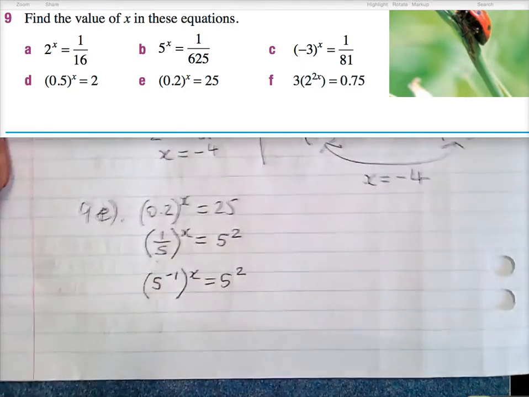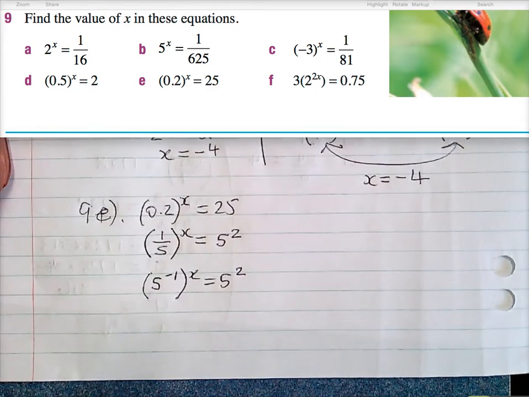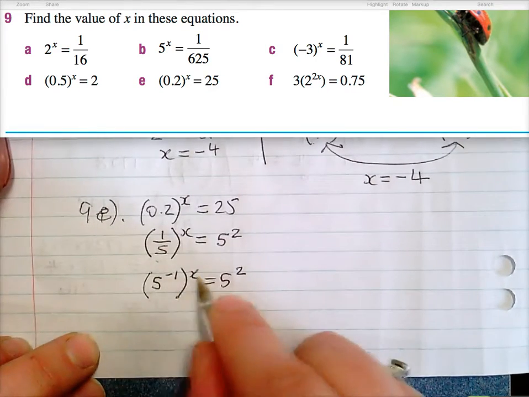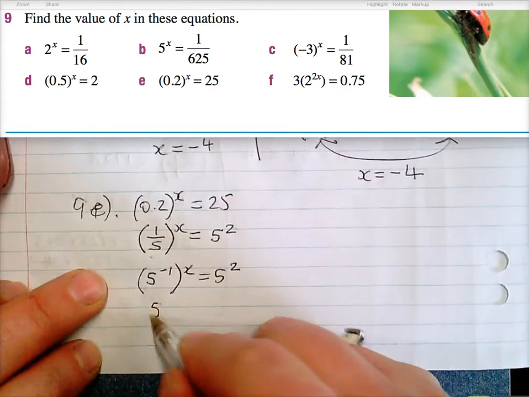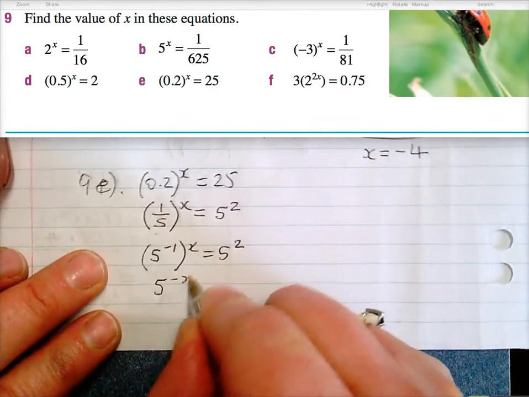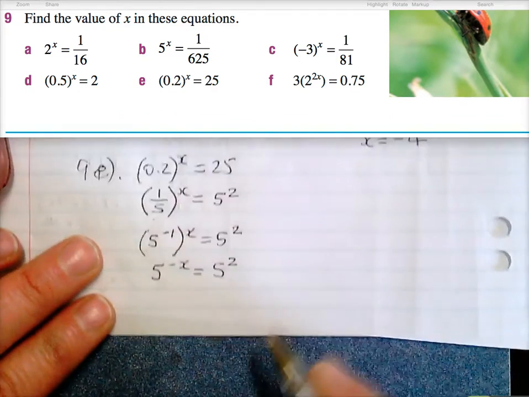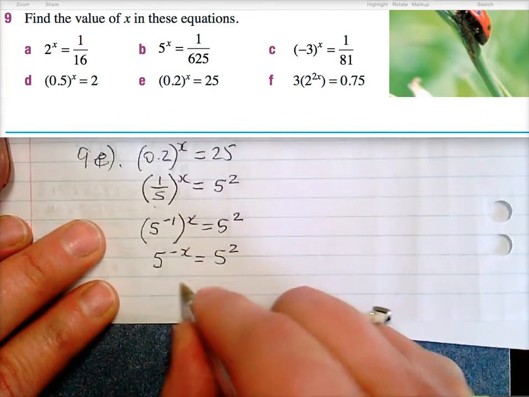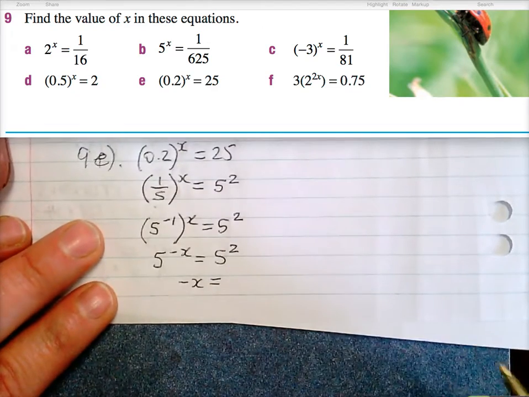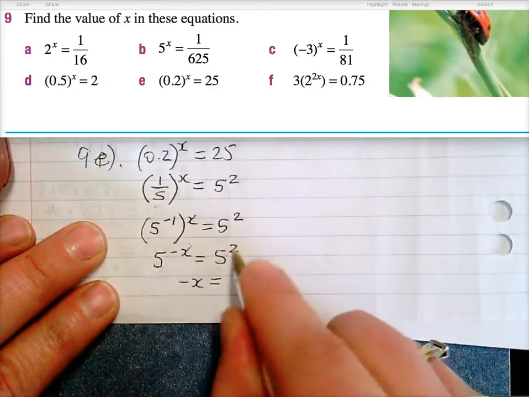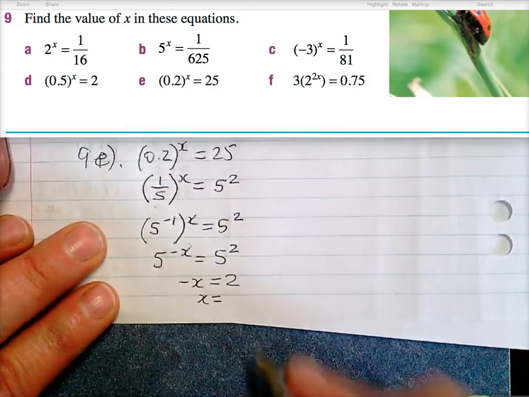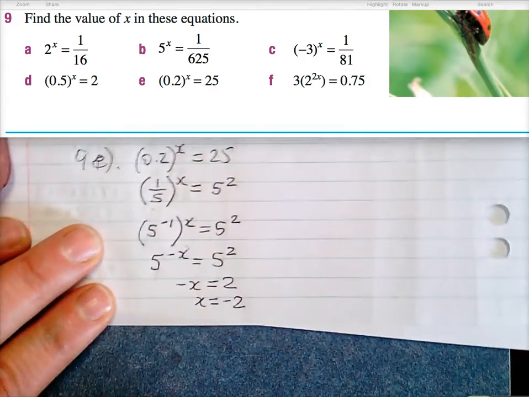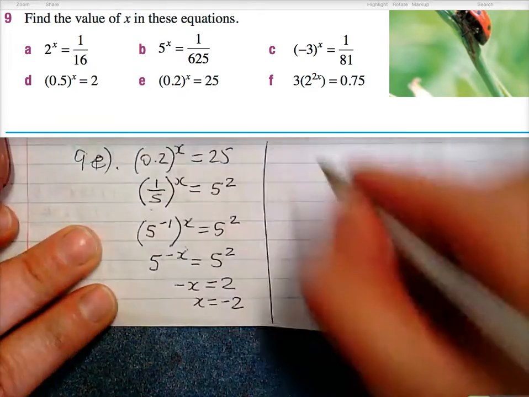We've got to get 5 to the power of something equals 5 to the power of something. What do you do with this negative 1 and x? What's the rule? So what do you get, negative 1 times x? So girls, therefore these are the same. So negative x equals what? What does negative x equal? 2. So therefore x equals? Negative 2. Good. Oh, so clever, girls.